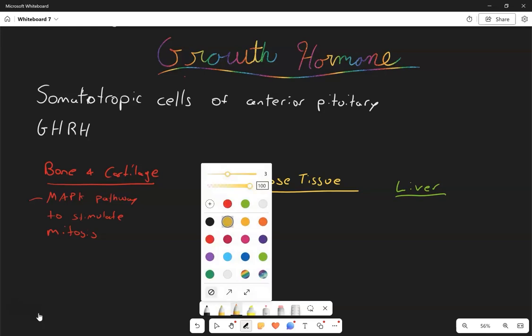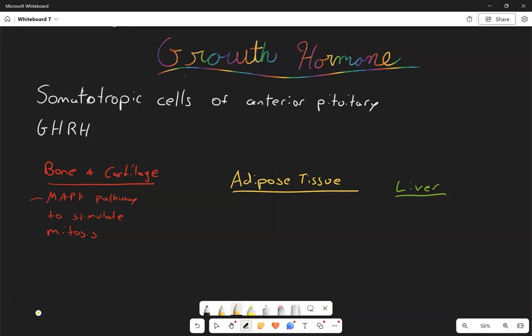In the adipose tissue, the growth hormone will bind to a receptor, and it is going to use a tyrosine kinase receptor, much like prolactin did, and it's going to be the JAK2 STAT5 pathway.